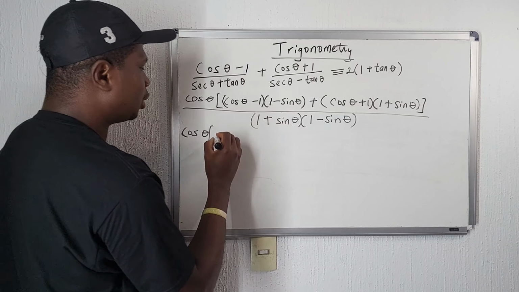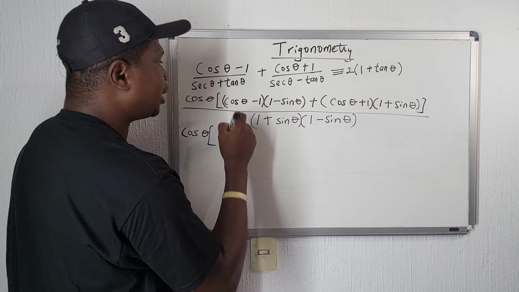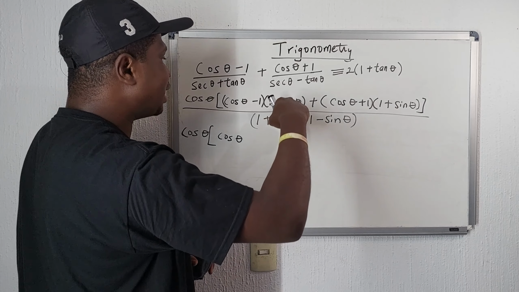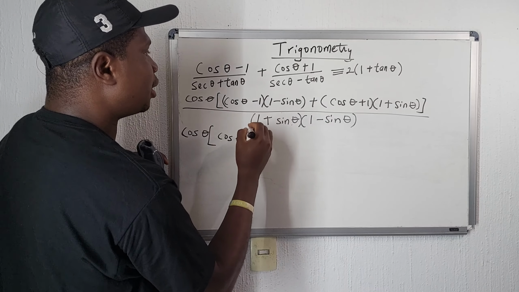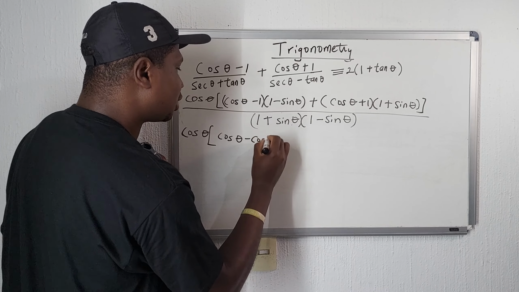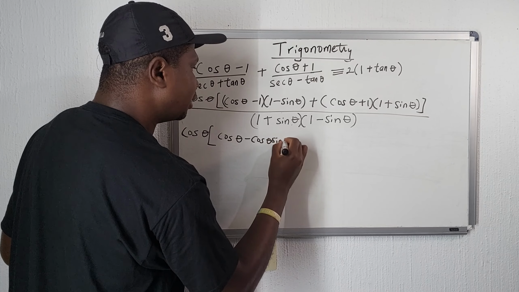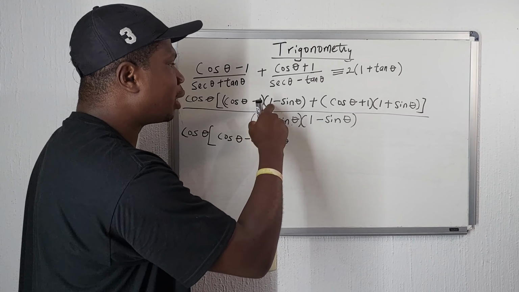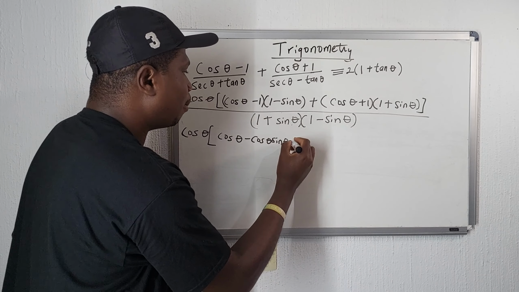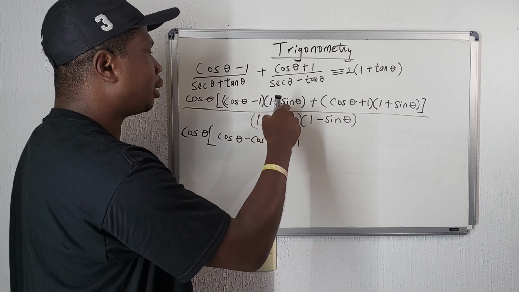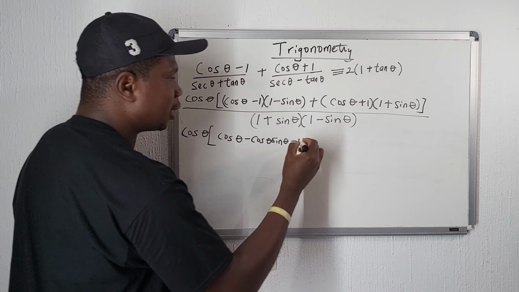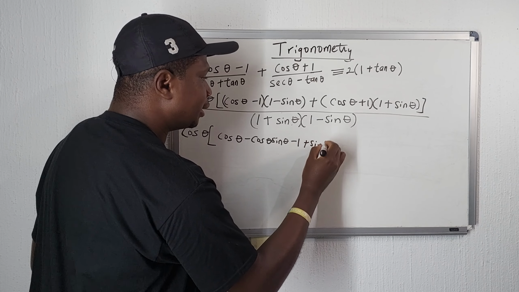Cos theta times 1 is cos theta. Cos theta times sine theta is minus cos theta sine theta. Then minus 1 times plus 1 is minus 1. Minus 1 times minus sine theta is plus sine theta.